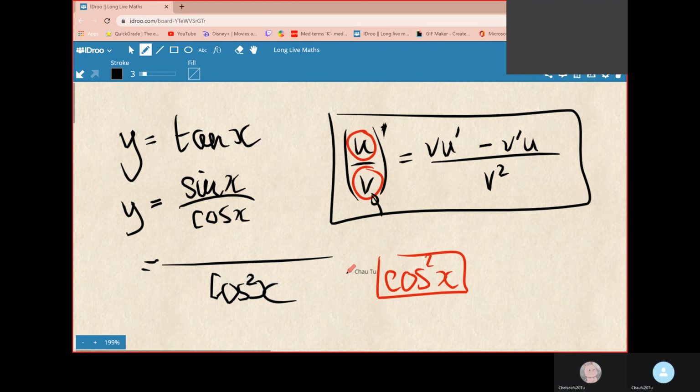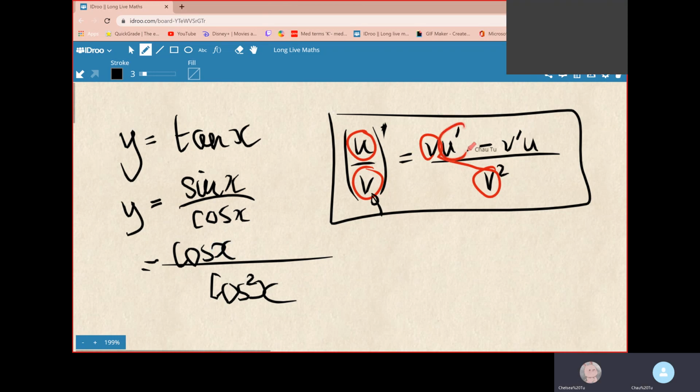And then what? The v stays the same, so it's cos x. And then you differentiate the u. U prime. Would that just be sine x?